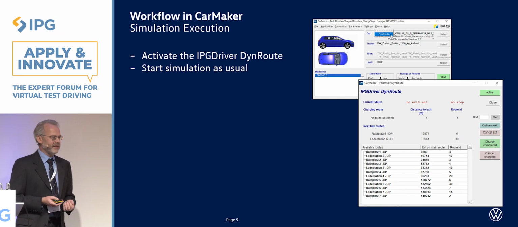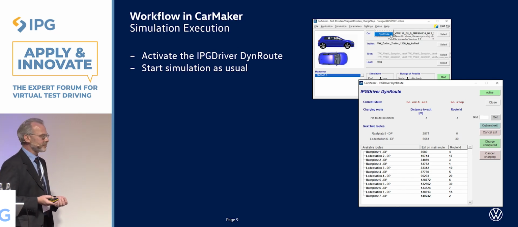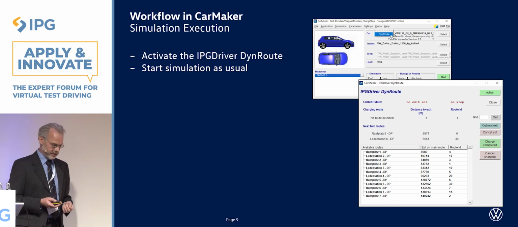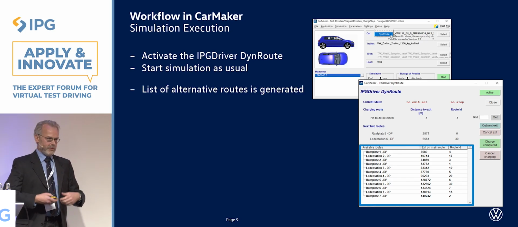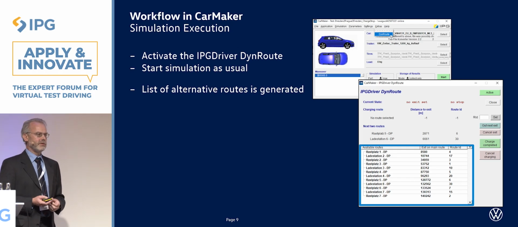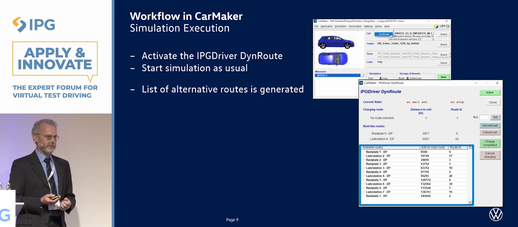With this preparation done, you can start your simulation. And first of all, you open up the new window, and you can activate the function. Once the simulation is running, you will get an information in the lower part of the window of the available alternative routes with their location on the route and the route IDs.